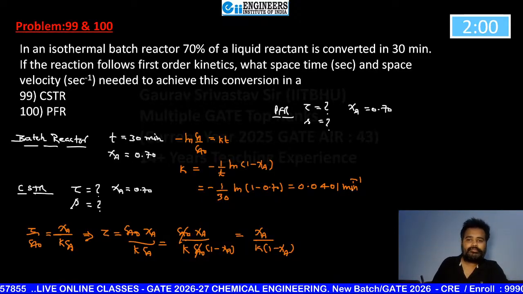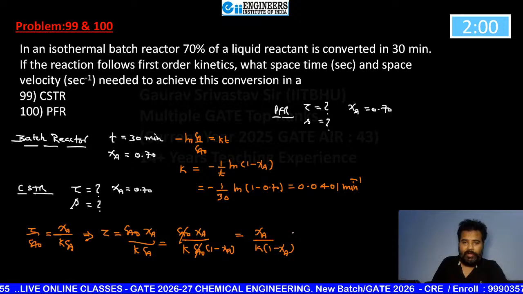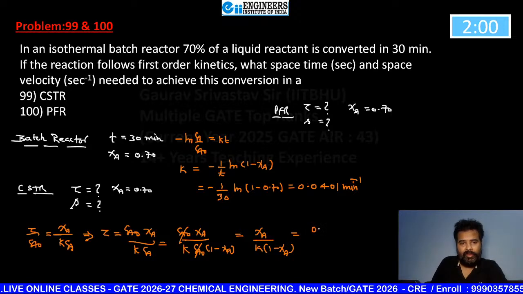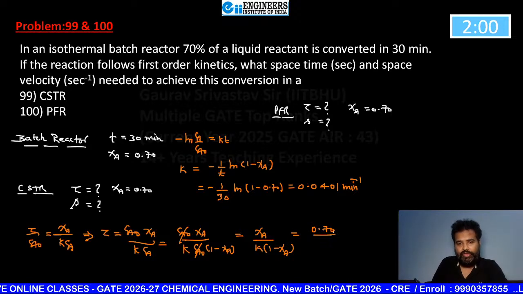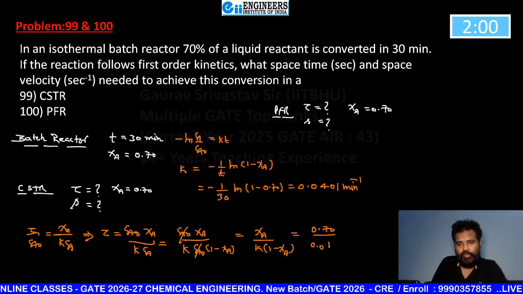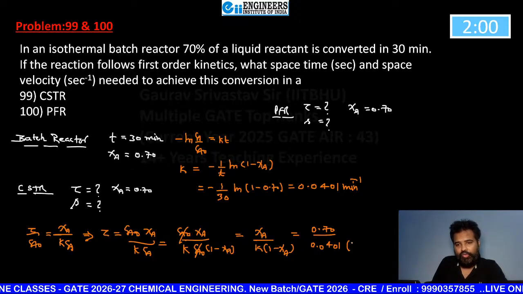Now the same value you can use here. So what is xa? Xa is 0.70 upon 0.0401 into (1 minus 0.7), which will give you 0.30.